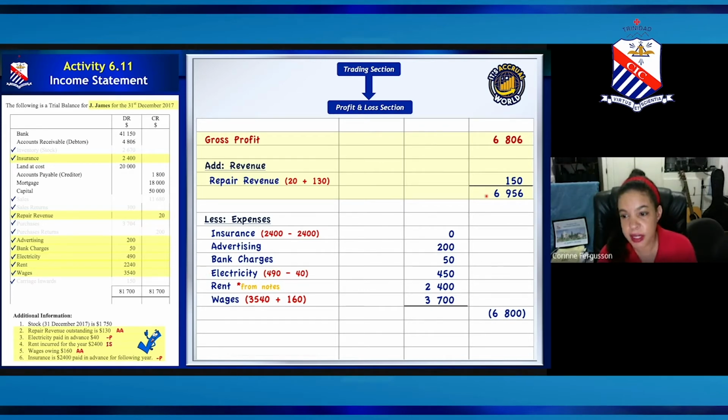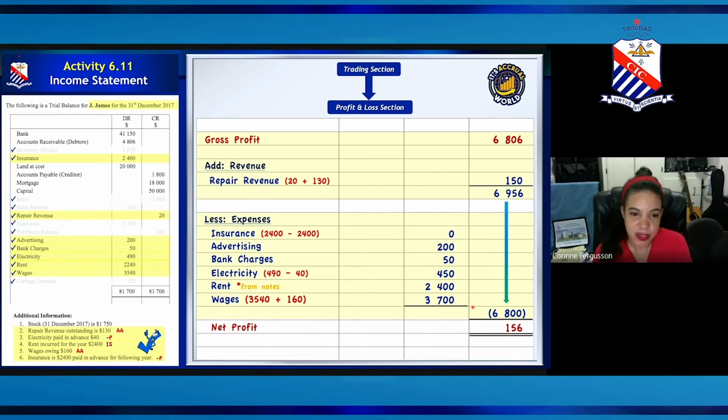So you have this minus that, and that is going to give you your final figure, your net profit. And your net profit, where you have the 6,956 less your 6,800, gives you $156. And since that's the end, you have your double line, and that is your income statement.